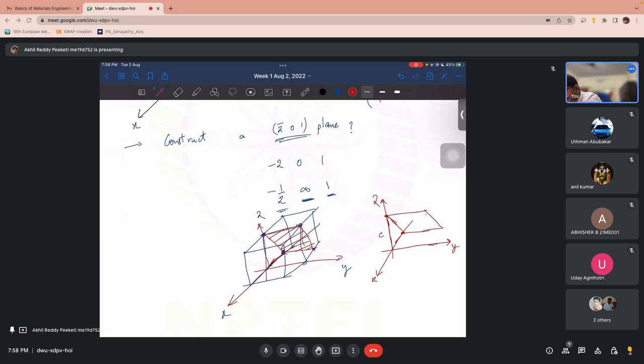This being C and this being minus A by 2, and this is y parallel. So this is the plane.